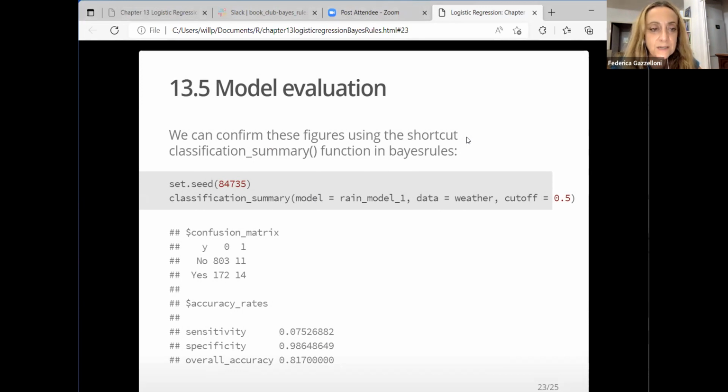Then when we check the result of this model, we use the confusion matrix and the accuracy rate. And we do this with this classification summary function within the model. And then I set the cutoff at 50%. Is that something that is fixed like that? How can I change it?